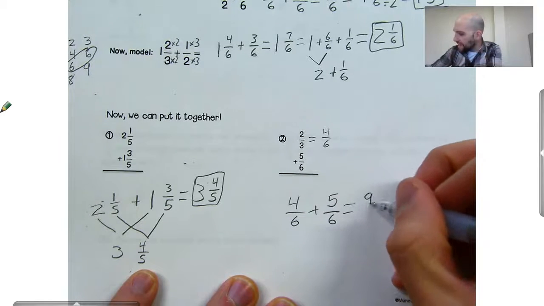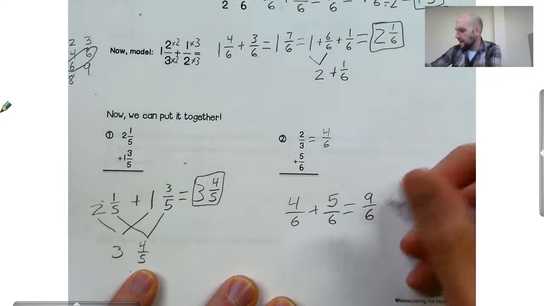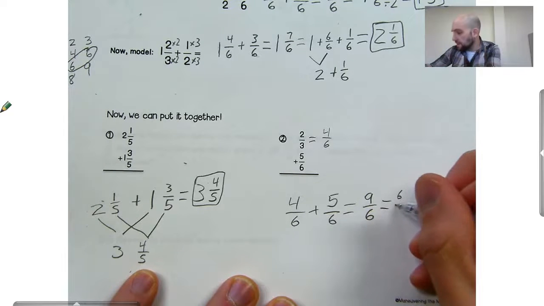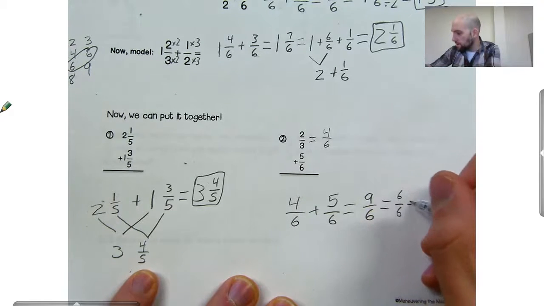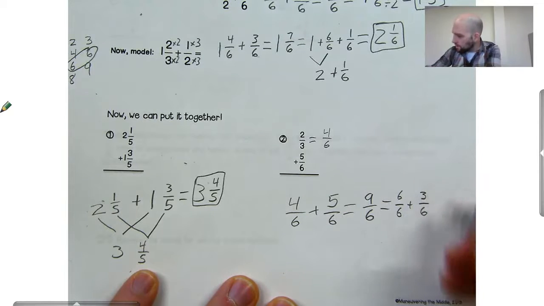And that's going to give us 9/6. But rather than having 9/6, I could have 6/6 plus 3/6, which will really give us, 6/6 is the same as 1. So I'm going to have 1 3/6.